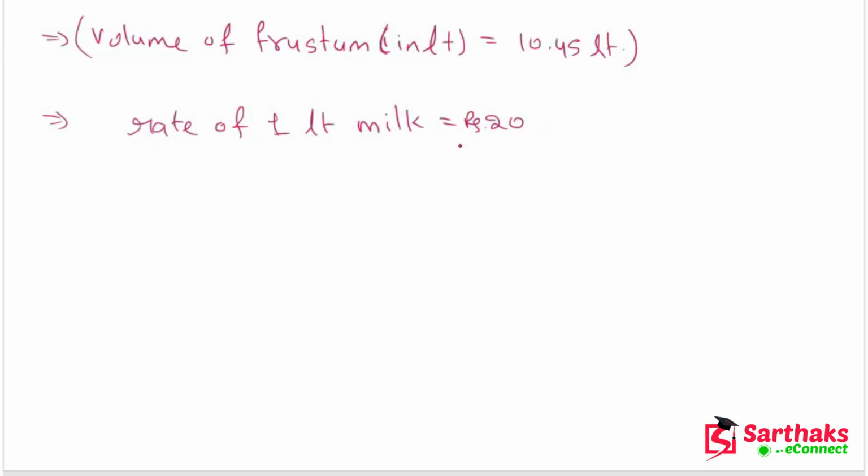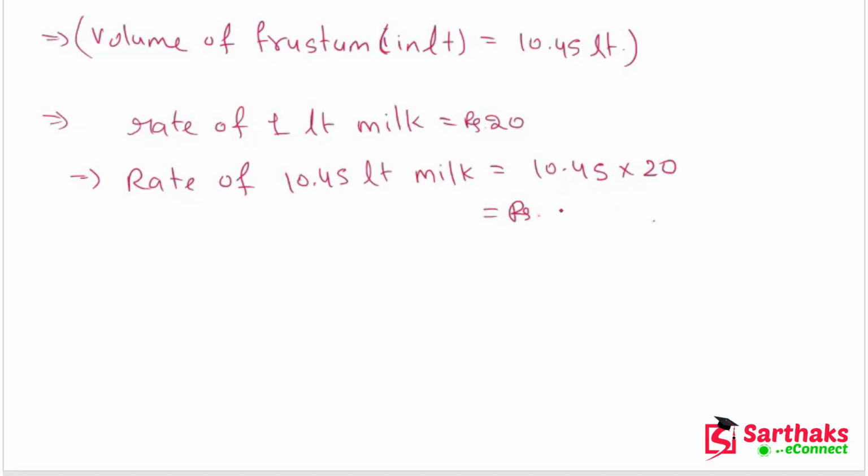So the rate of 10.45 liter milk is equal to 10.45 into 20. This will give rupees 209. So this is the rate of 10.45 liter milk.